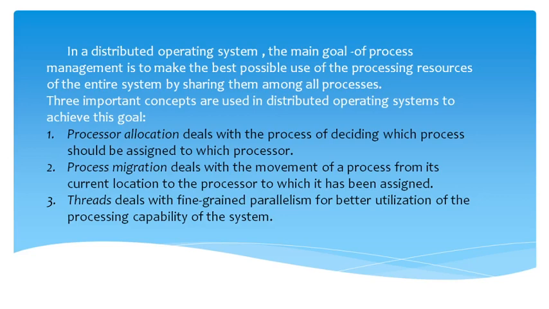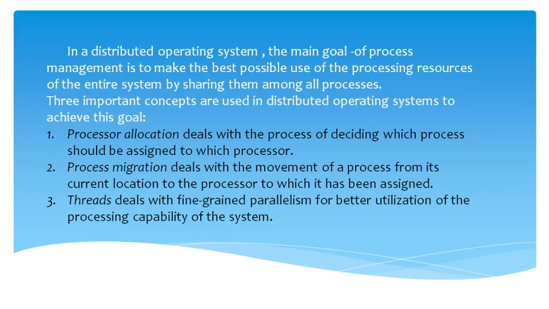But in a distributed operating system, multiple processors can be shared among different processes, so that this process management will lead to the best possible use of the processing resources. It means we can use all the processing resources in an efficient manner with the help of process management.